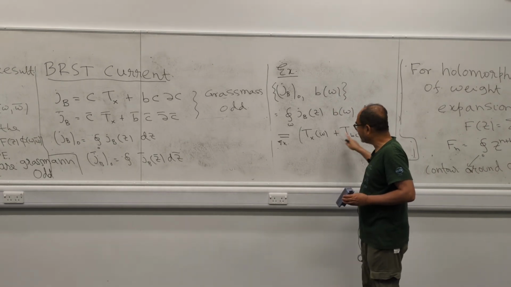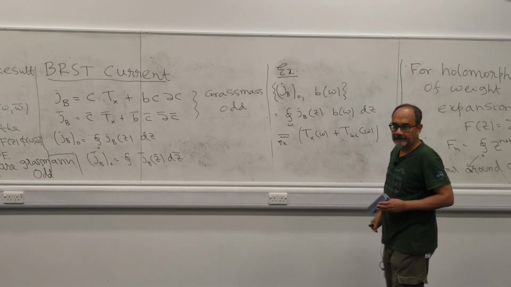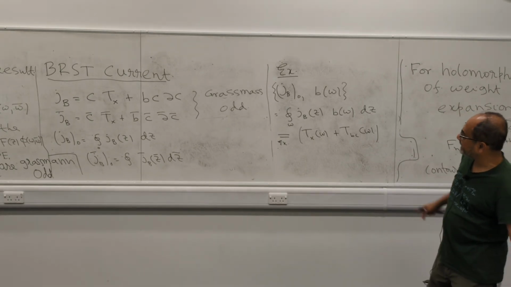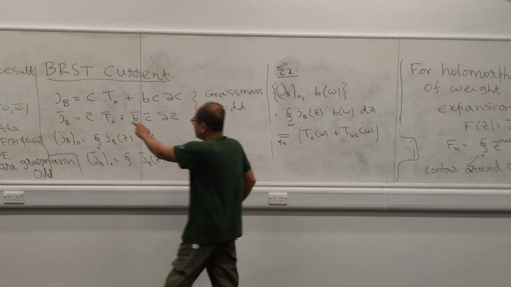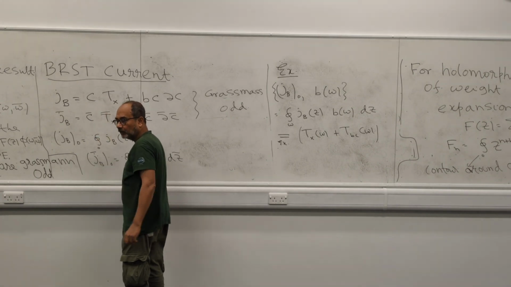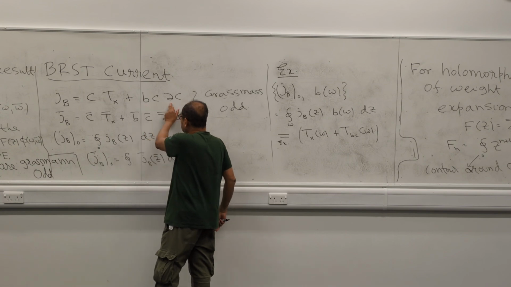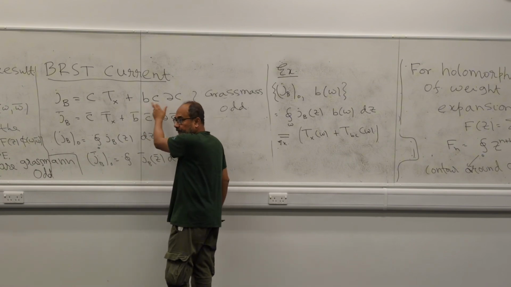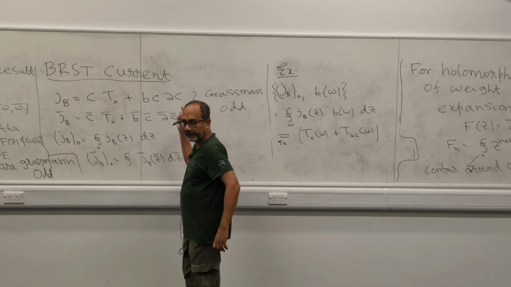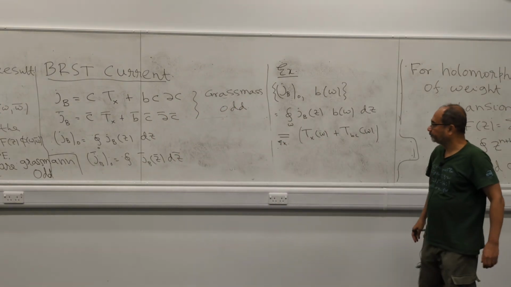It's a function of w, and that function is the total energy momentum tensor of x and bc. The T_x part is easy, because J_B has c times T_x and you know the c b OPE is 1 over z minus w, so that will give a simple pole. The bc part is a little more complicated and will, for example, have a double pole, so one has to be a little more careful in doing this OPE, but at the end you will find that this is given by the sum of these.